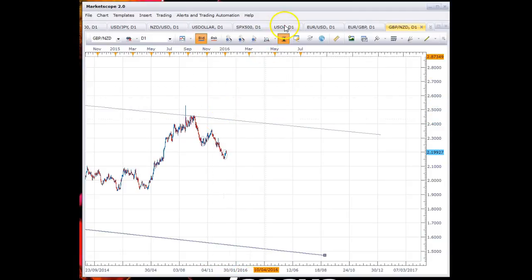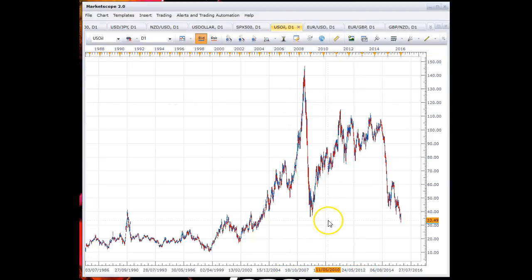So I would like to mention US oil. We've come a long way from these highs at 110 in the middle of 2014, and we had a bounce back up here in the middle of 2015, and now inexorably we are plunging to unforeseen depths, even lower than this lower 2009.